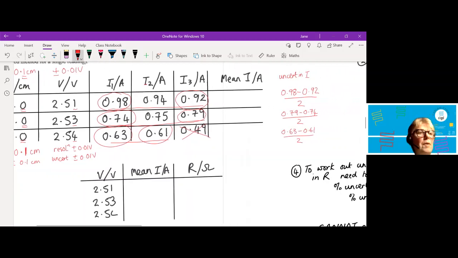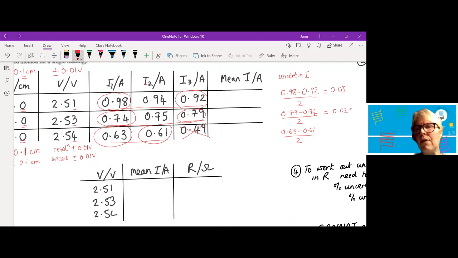Right, now we've got to do a little bit of calculation. Let's have a look what we've got. So 0.98 take 0.92 equals, divided by 2 equals 0.03, nice and easy. I haven't had to slip into the second significant figures. 0.79 minus 0.74 divided by 2 equals, okay, I've got 0.025 here.